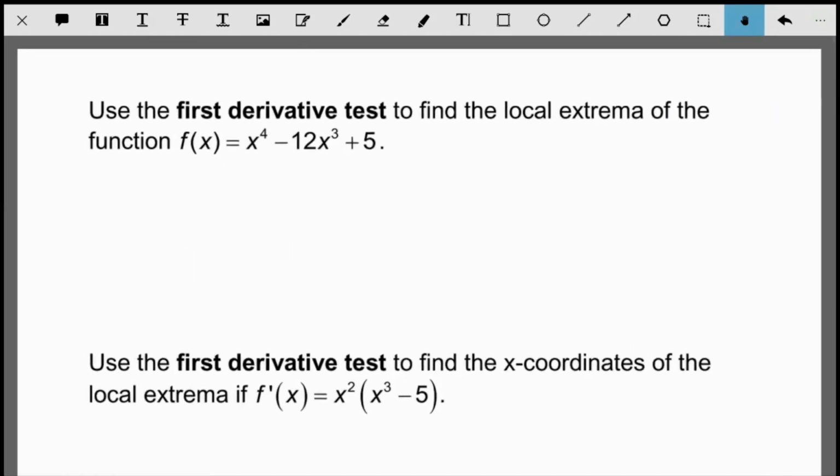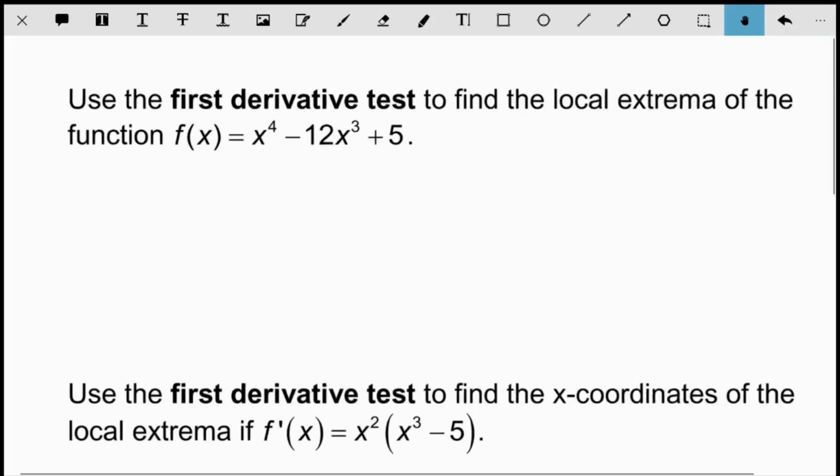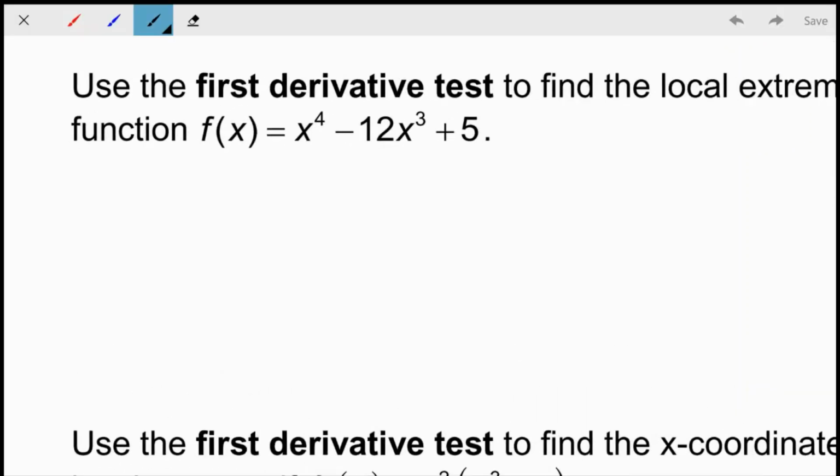Okay, let's take a look at this one. It says use the first derivative test to find the local extrema of the function x to the fourth minus 12x cubed plus 5. This is a problem we looked at back in 4.1, so I'm going to skip some of the steps. What we had was f prime equals 4x cubed minus 36x squared equals 0.